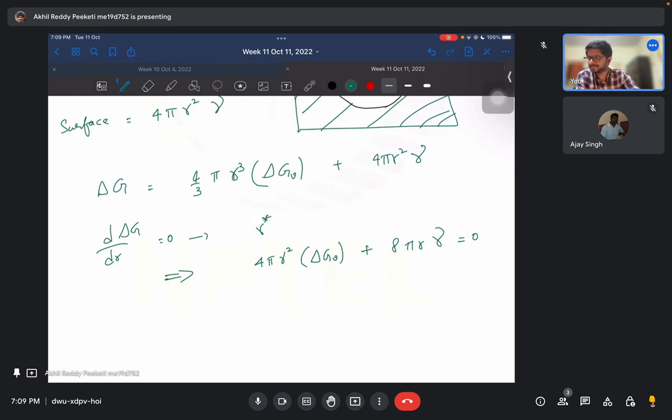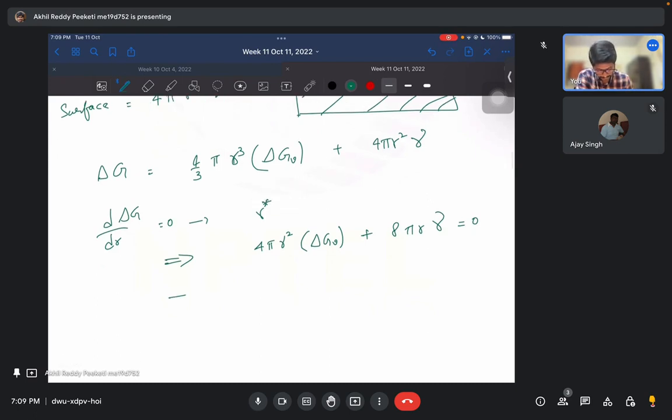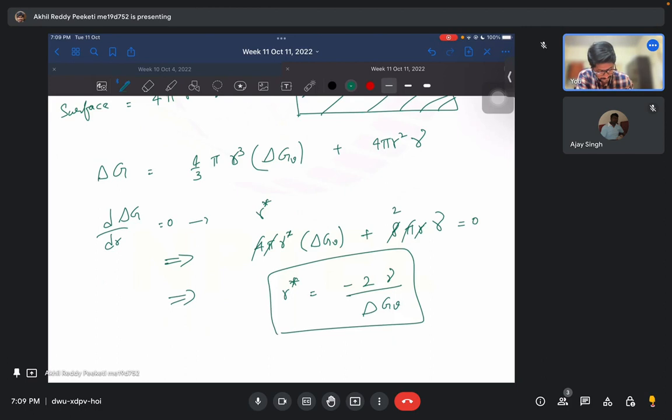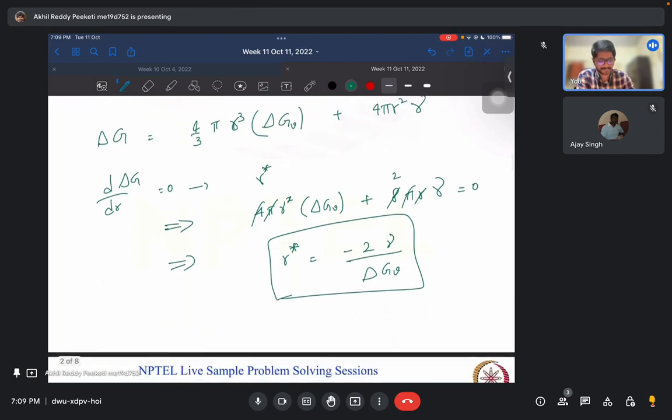So this would give us, after cancelling 4 pi r, r star, the critical radius, is minus 2 gamma by delta G V, that liquid to solid conversion free energy.